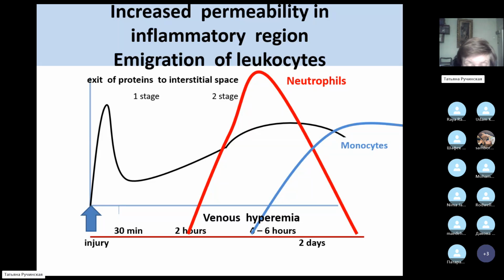And you see that neutrophils begin to come out from the vessels during venous hyperemia, after 2 hours after injury.